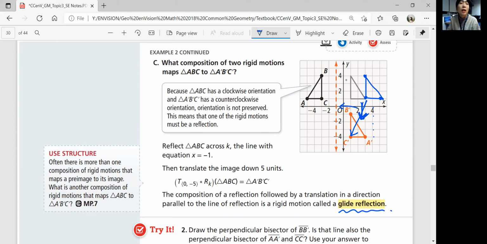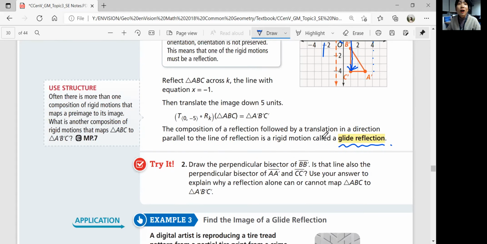That is not going to be a glide reflection, okay? Only when you have a translation that is parallel to your line of reflection, that is called a glide reflection, okay? So you reflect it and you just glide it down.